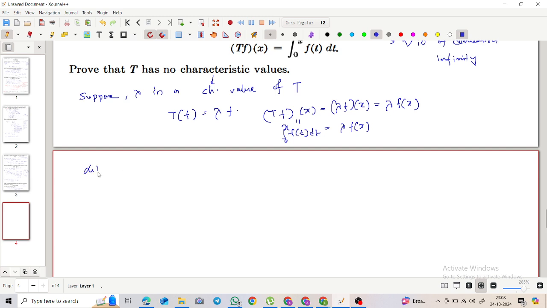So let's write F(x) is equal to the integral from 0 to x of f(t) dt. So F(x) is differentiable clearly.